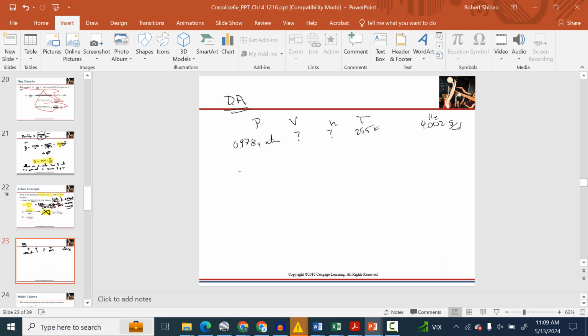And so what we want is grams per liter. That's the density of a gas. Gases are a lot less dense, so it's grams per liter rather than grams per milliliter. And so I need grams on top. Well, this has grams on top. So let's put that on top here, 4.002 grams per mole.